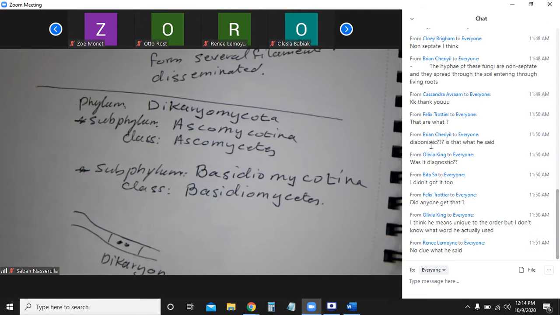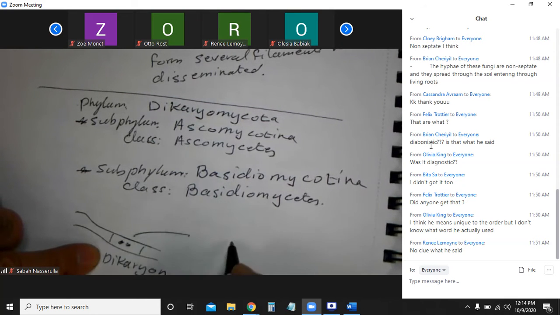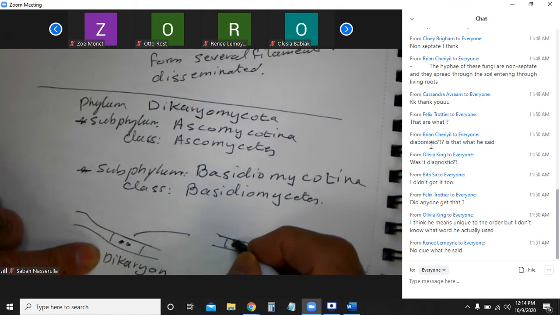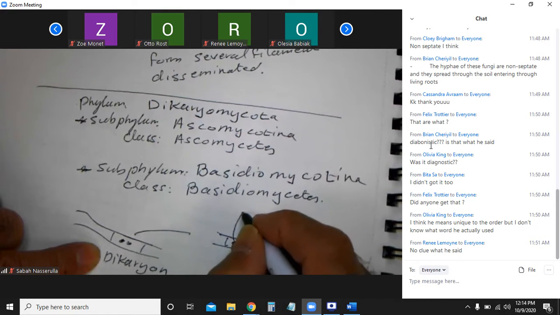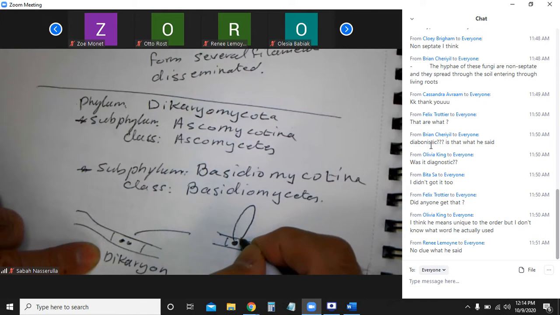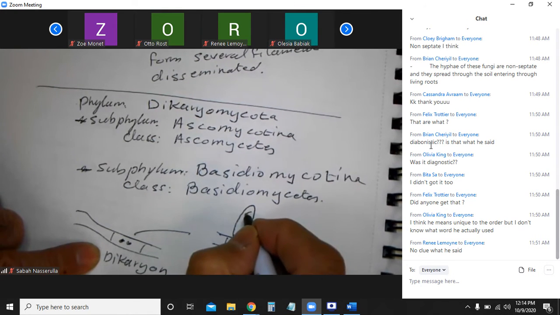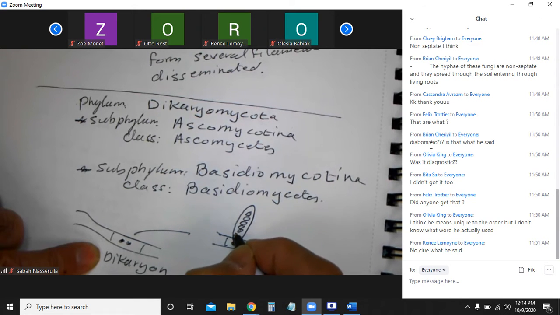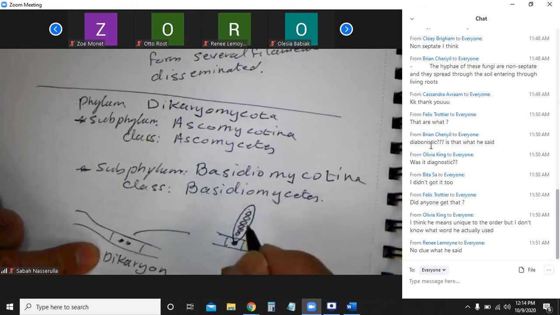But in the case of the ascomycetes, when the two nuclei undergo karyogamy, and then meiosis occurs, they form a sac-like structure, and inside that structure, after meiosis, the spores develop.